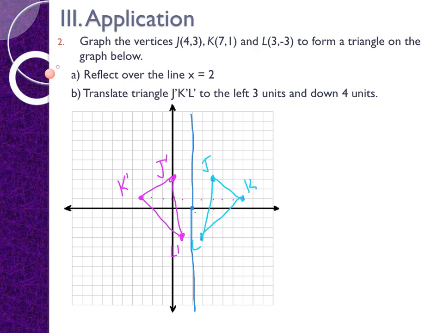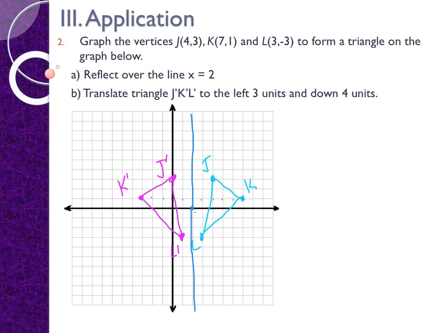Okay, my directions say that we need to translate triangle J prime, K prime, L prime to the left 3 units and down 4 units. So that means I need to move my x over 3 units and move it down 4 units. I'm just going to start with K since it's right here.